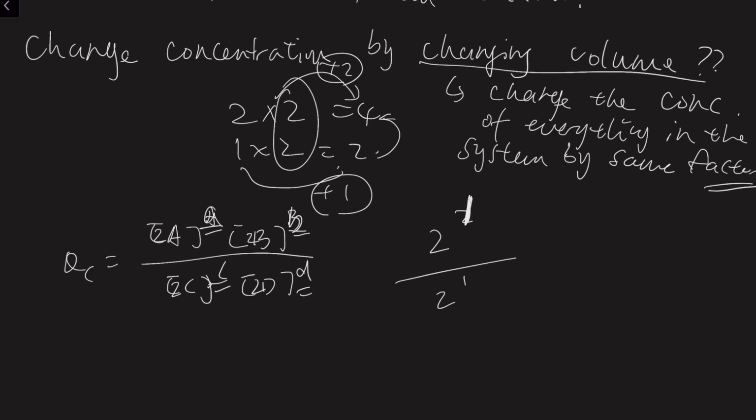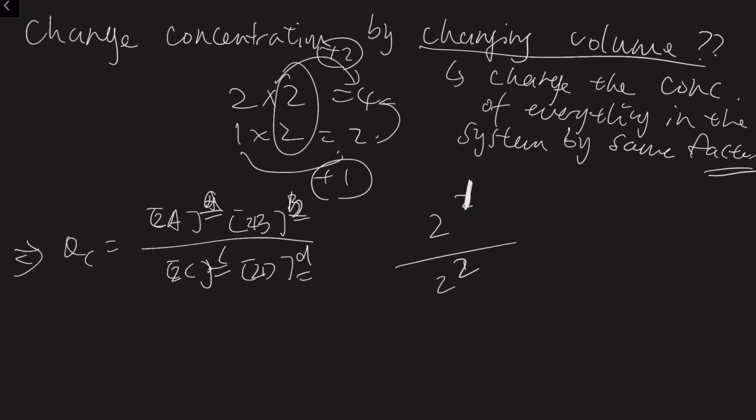And if the exponent for this is the opposite, you are decreasing the QC. So this really differs on a case-by-case basis. So you need to really investigate different systems by perhaps substituting in values and then see whether QC is actually getting bigger or getting smaller. And then you can work out the relative position to Kc after this change. And we know that the system wants to restore its original equilibrium. So you can either increase QC by favoring the forward reaction or decrease QC by favoring the reverse. So this really depends on the exact scenario.